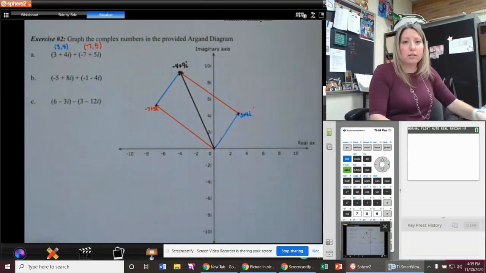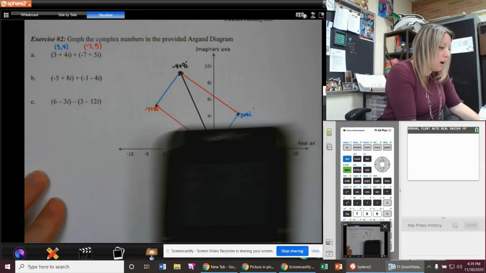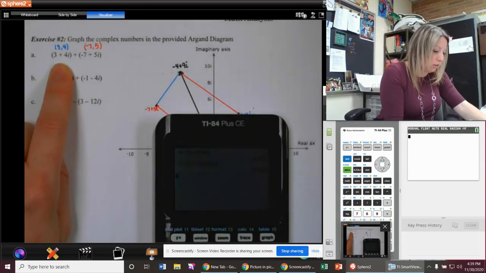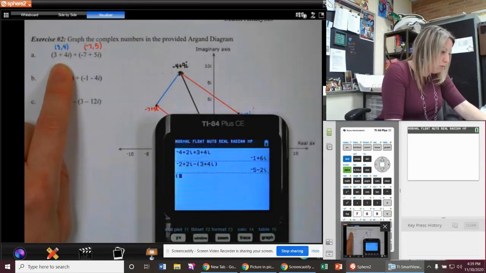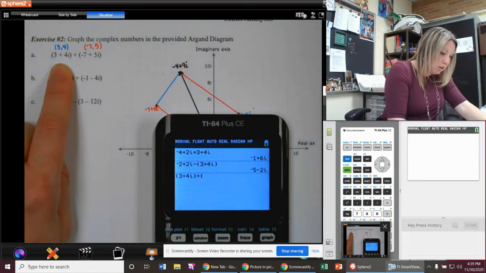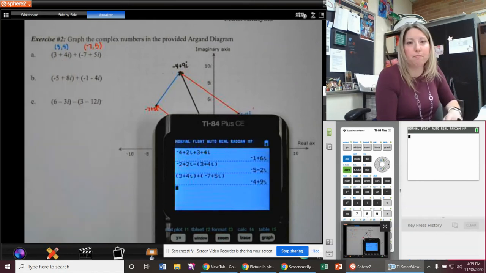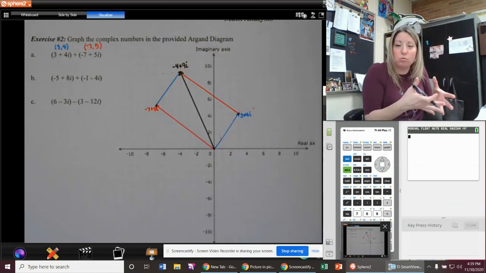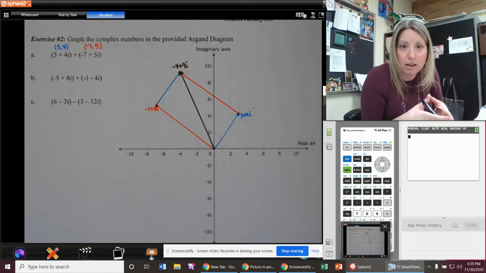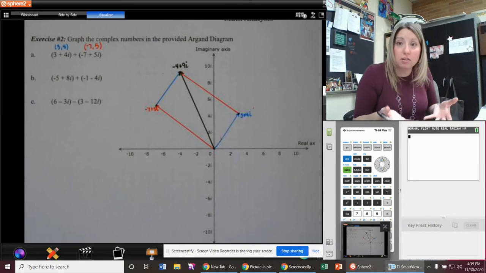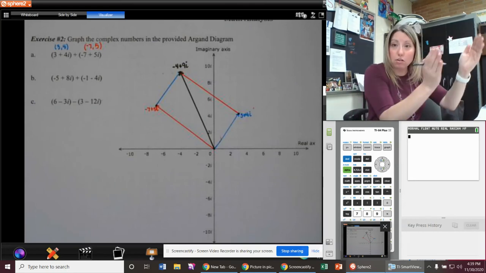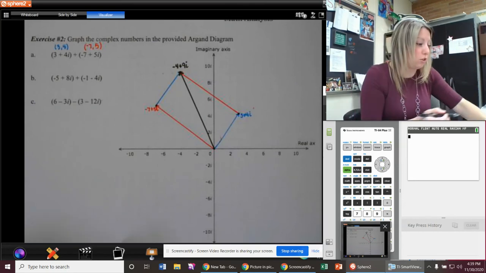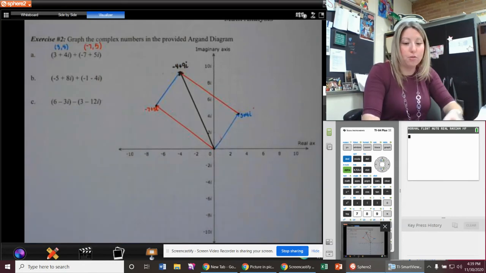And just to check to make sure that's correct, I'm going to type into my graphing calculator exactly what I had here: 3 plus 4i plus -7 plus 5i. And there we go. Exactly what I got. That's how that particular vector value gets found. It's the diagonal in the parallelogram that gets formed by these two vectors. It's the resultant vector of those two.